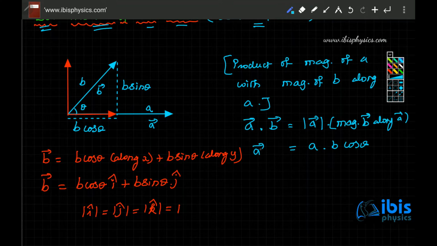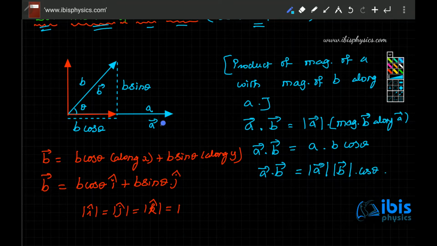Whenever you multiply two vectors a and b, the result is the magnitude of a multiplied by the magnitude of b along a. So ab cos theta. a is nothing but the magnitude of a, b is the magnitude of b, into cos theta. Its value is a scalar, just a number. So a dot b is defined as the product of modulus a, modulus b and cos theta.